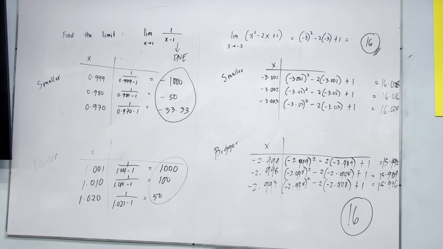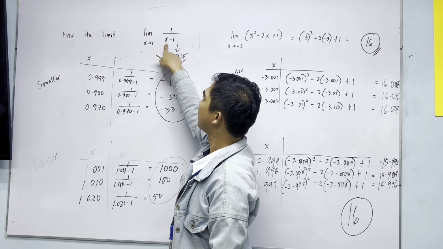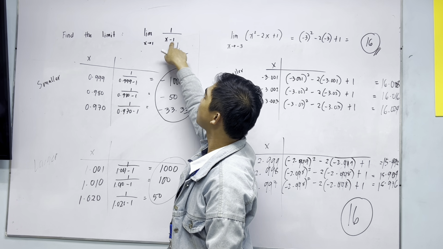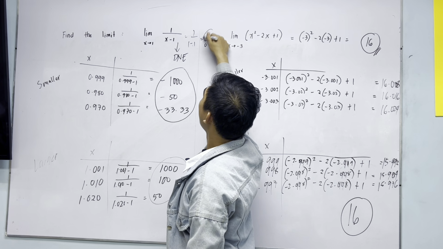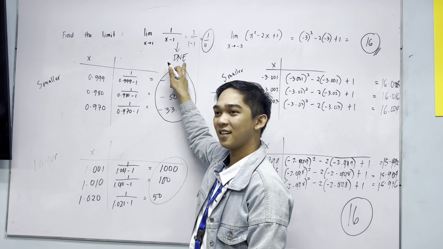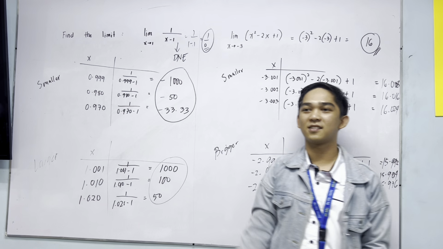So 2 times 0 plus 1. Sir, paano po dito sa second example? So if we're going to substitute, 1 minus 1, bakit siya DNE? Kasi undefined yung nagiging sagot natin. That's it.